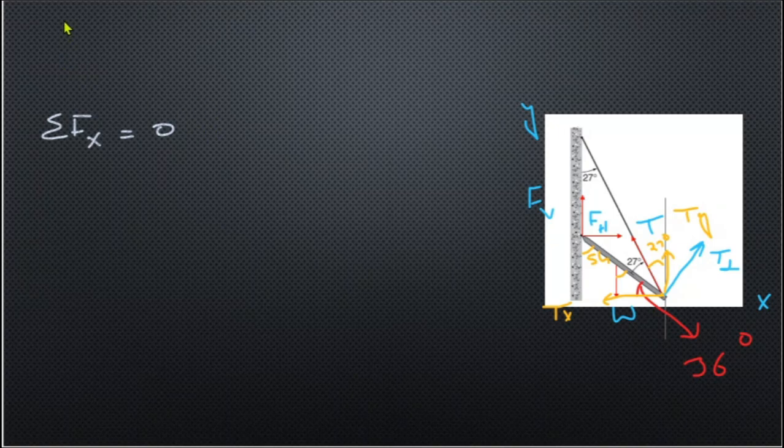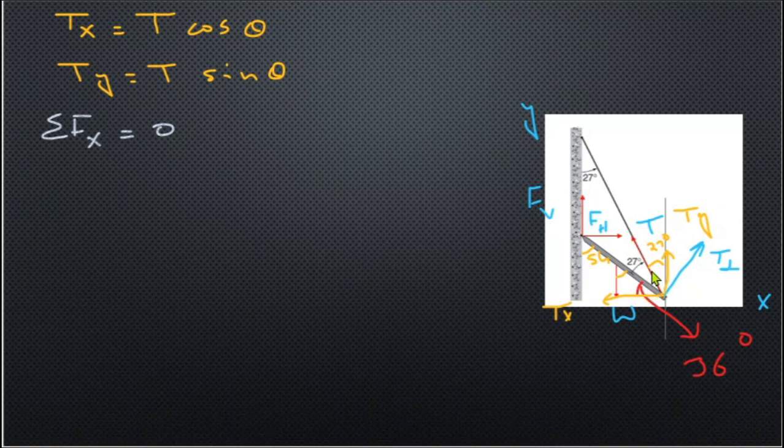Now in order to calculate the value of this Tx and Ty, we have to use the trigonometric identities. Then Tx is equal to T cos theta and Ty would be equal to T sine theta. Here is a tricky thing, which is the angle theta.